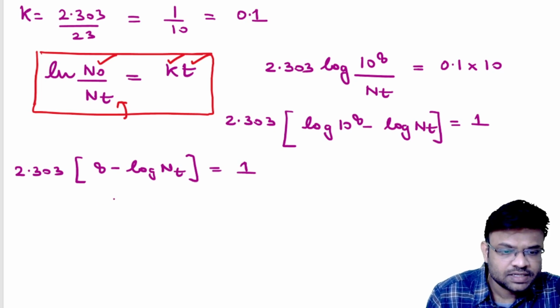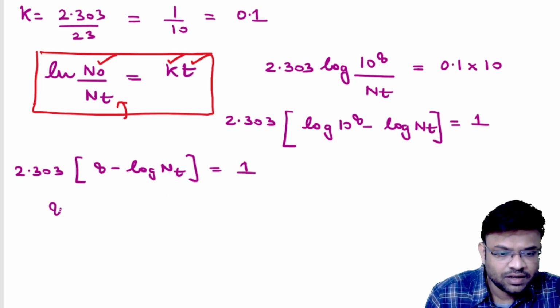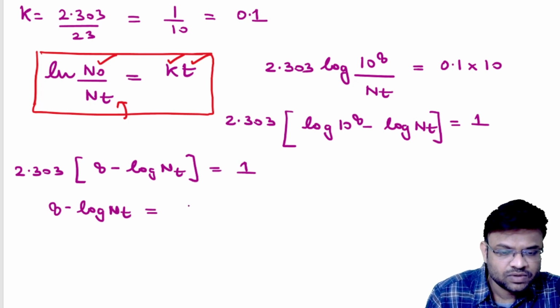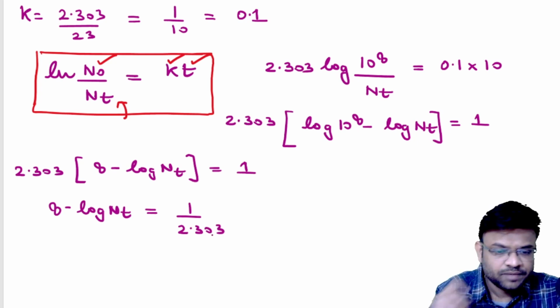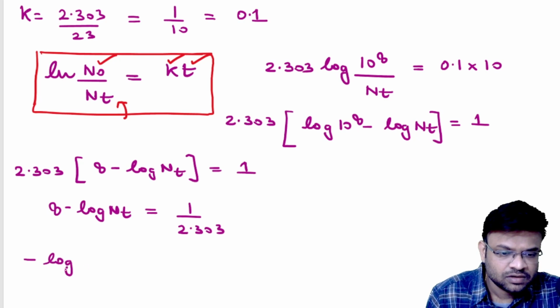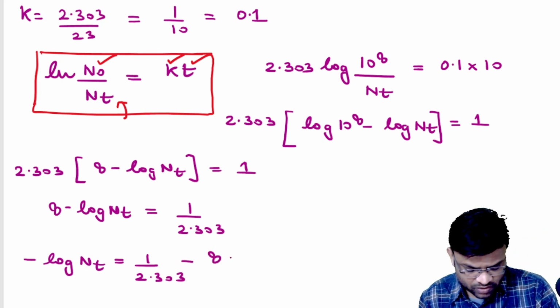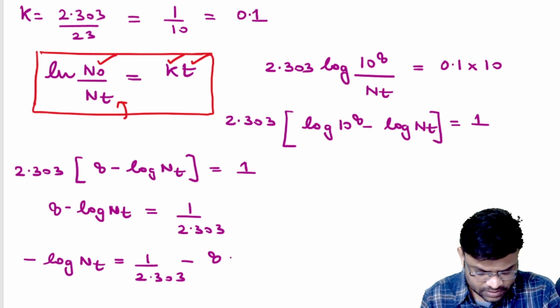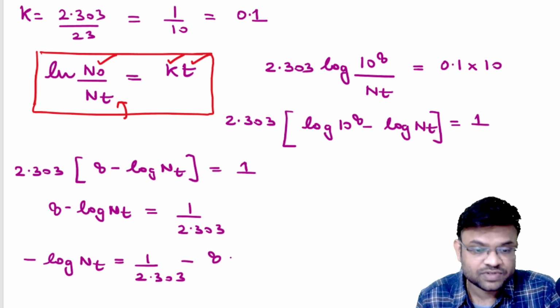So next, 8 minus log Nt is equal to 1 by 2.303, and minus log Nt is equal to 1 upon 2.303 minus 8. And if you are solving this, what you would be getting is this would be 7.56.